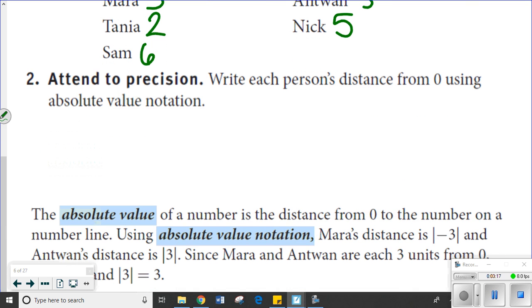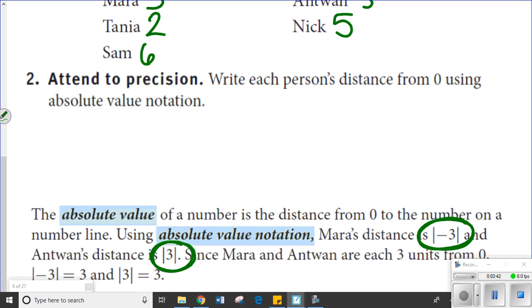If we are using absolute value notation, Mara's distance looks like this, the absolute value of -3. Antoine's distance looks like this, the absolute value of 3. Those bars stand for the absolute value of.